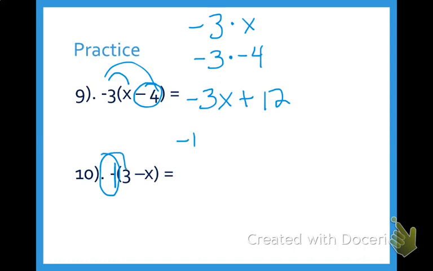So negative 1 times 3 is negative 3. And negative 1 times negative x, negative times a negative makes a positive, and 1 times x, you can either write it as 1x or you can just write the x. Negative 3 plus x would be my answer there.